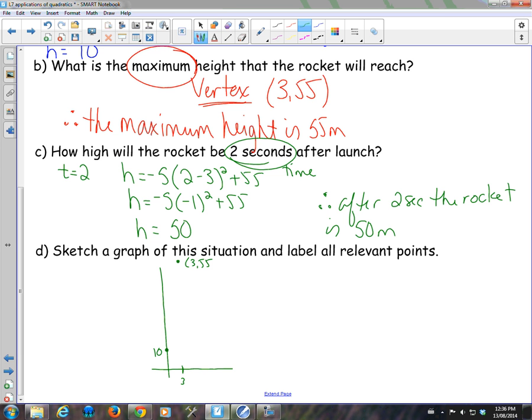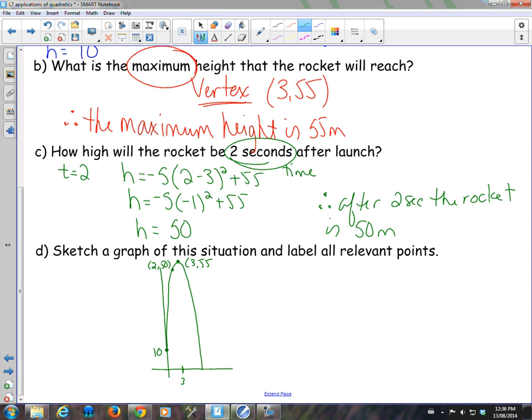And we know that after 2 seconds, it was 50 meters. So we started here, we go up, and we come back down. And there's the path of our rocket.